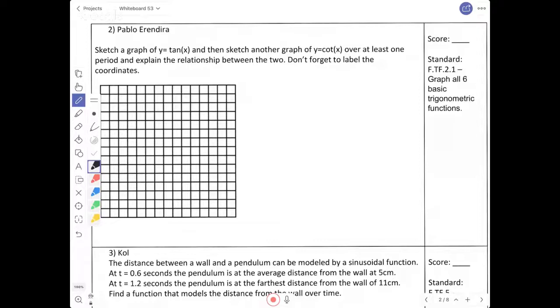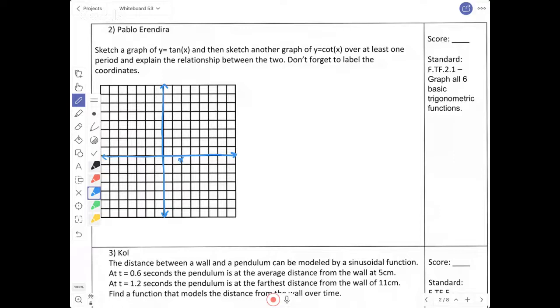Alrighty, so let's sketch a graph of y equals tangent of x, and then another one of y equals cotangent of x over at least one period, and then we'll explain the relationship between the two. So let's give ourselves a y-axis and an x-axis. I only need to scale over one period.